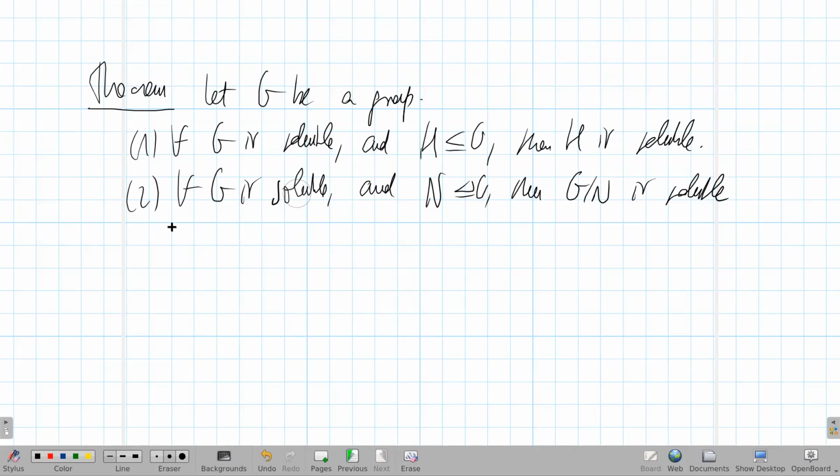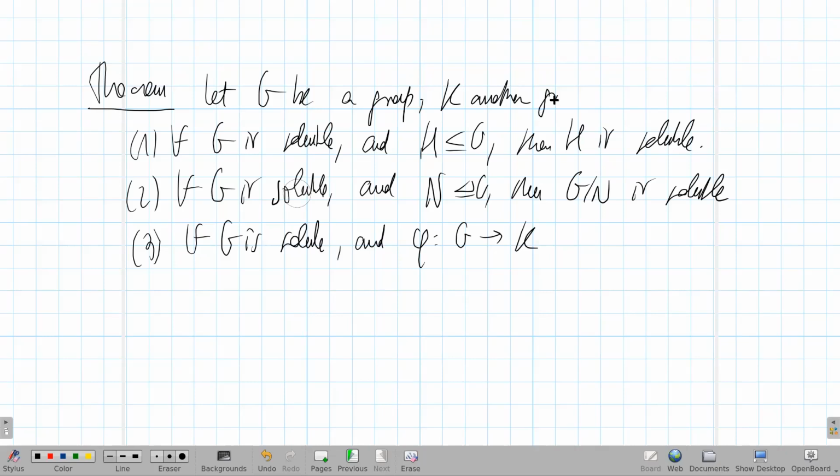Third, which is really a way of reformulating 2: if G is soluble and phi from G to K, where K is another group, is a morphism, then phi of G is soluble.